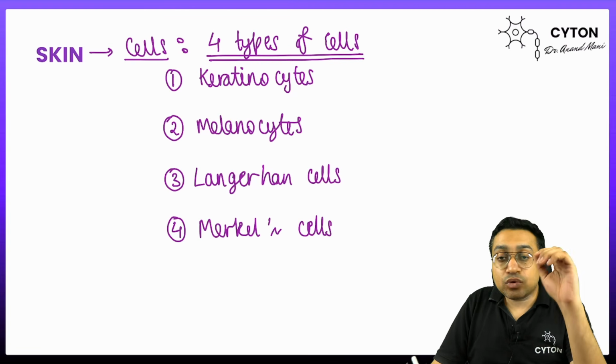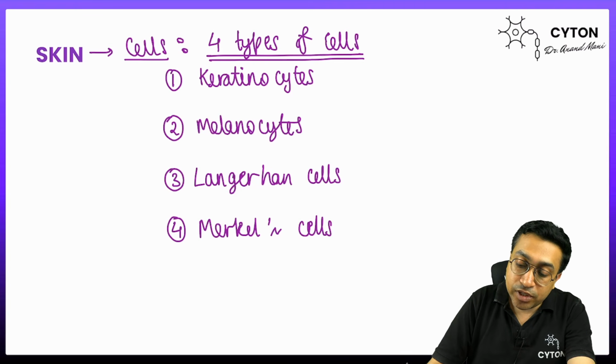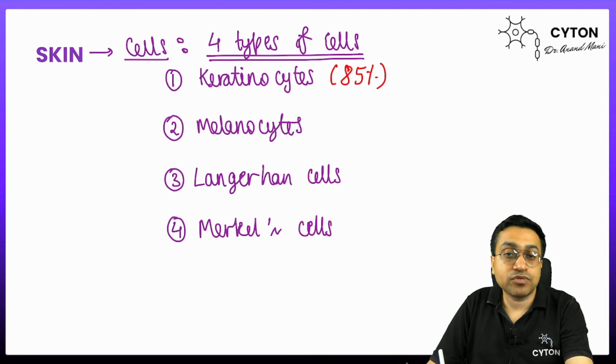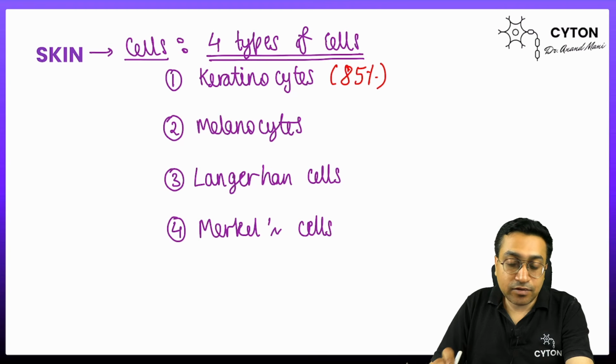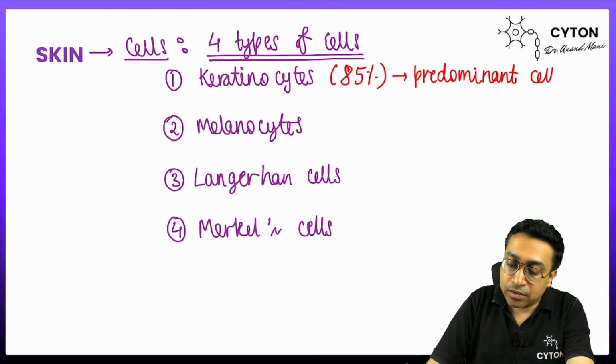So number 1 cell, that is the keratinocytes. These constitute around 85% of the total number of cells, so I can say this is the predominant cell type.